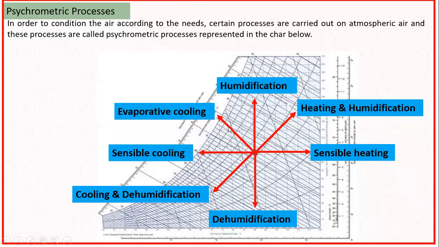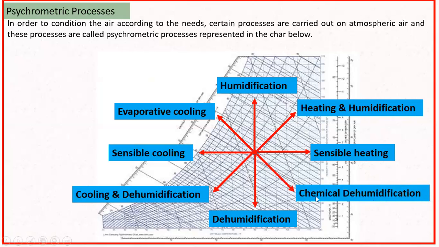The next is evaporative cooling. In evaporative cooling, you are humidifying the air, that means increasing the humidity, as well as cooling it. The last one is chemical dehumidification.